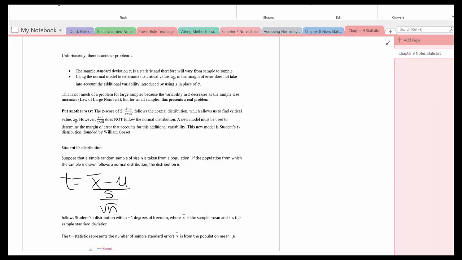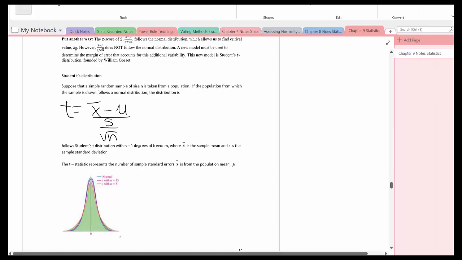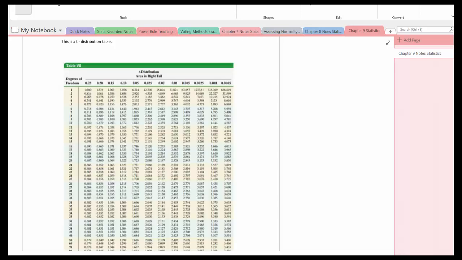X bar is the sample mean and s is the sample standard deviation. The t statistic represents the number of sample standard errors the sample mean is from the population mean mu, and a picture is given below. On the next page, here is a t-distribution table. Now, we will not be using this in this section, but I at least wanted to show you what one would look like.